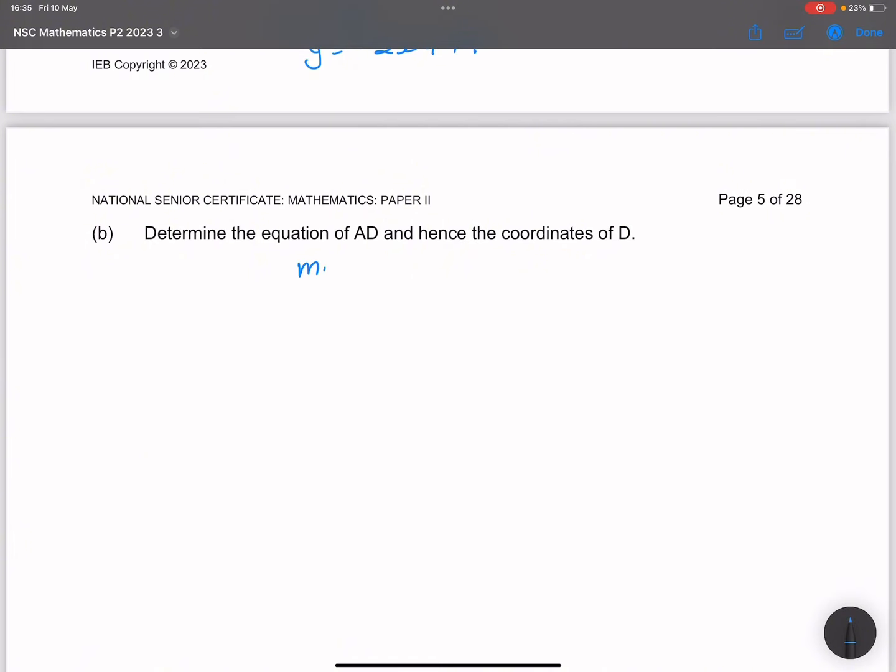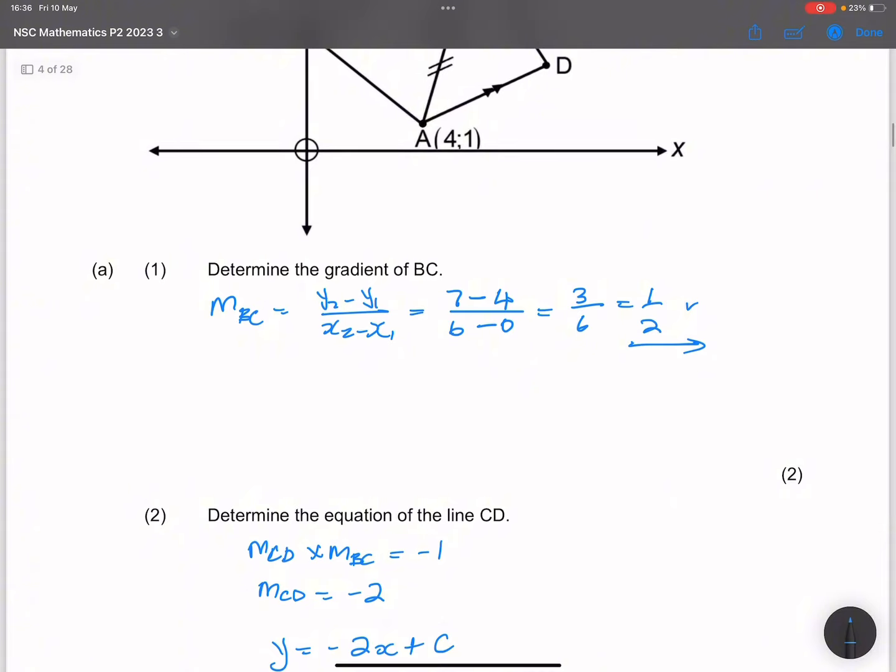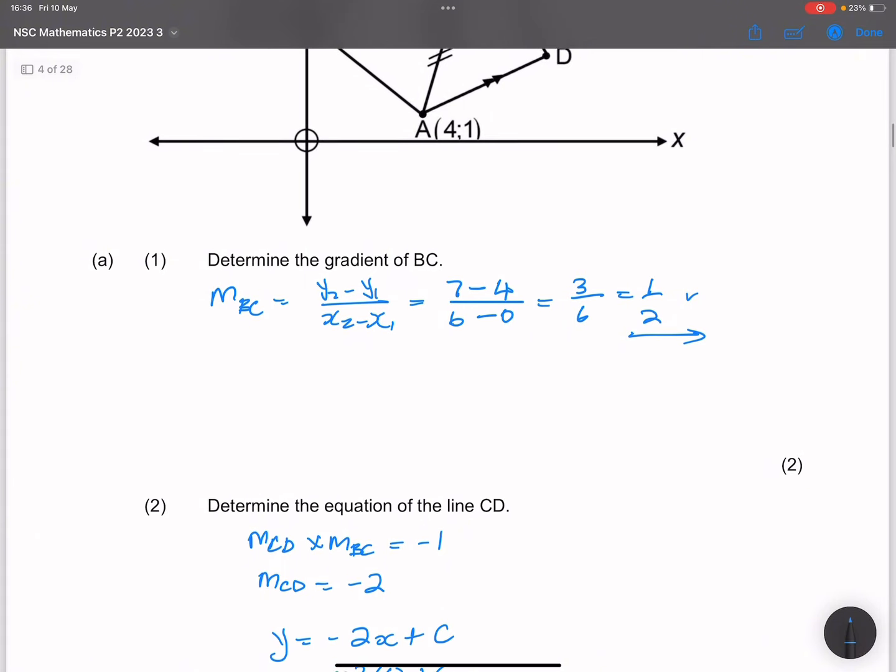let me say the gradient of AD is equal to the gradient of BC, and we said that's 1 over 2. So the equation will be y equals 1 over 2 x plus c. We're going to substitute the point at A, which is 4 and 1.